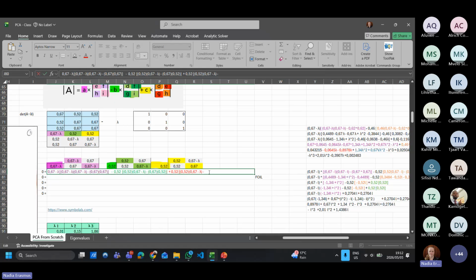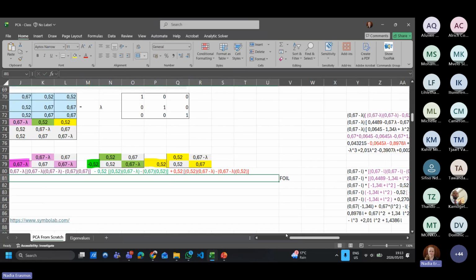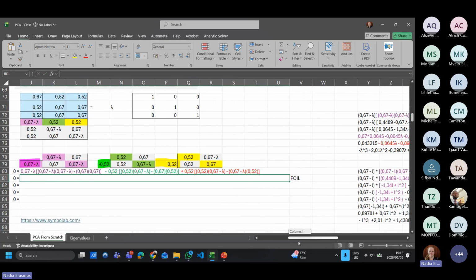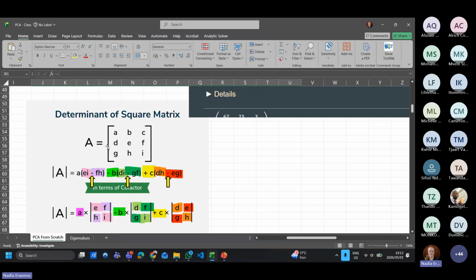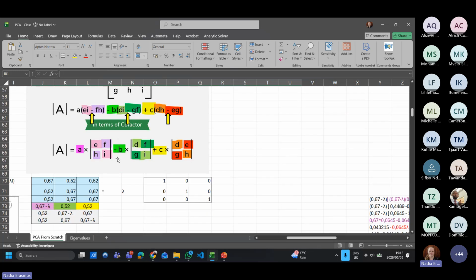Okay, so I have 0.67 lambda and multiplied by 0.52. And this should still be very bright red. Okay, so do you guys understand what's happening here? So this is the formula, and we first had our big A that we have calculated. Now we're getting it into a format so that we can get our lambdas separate.